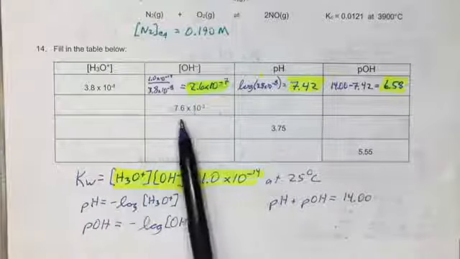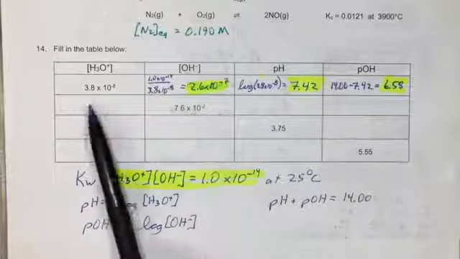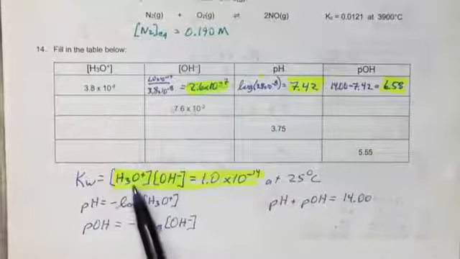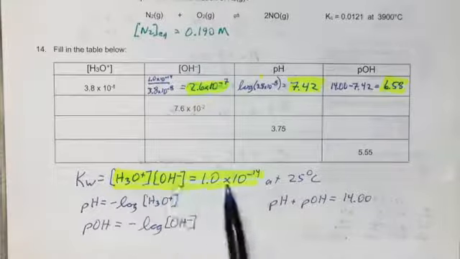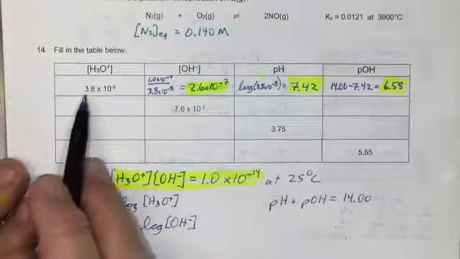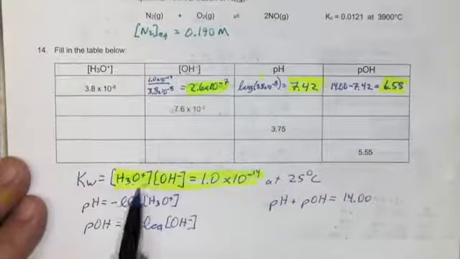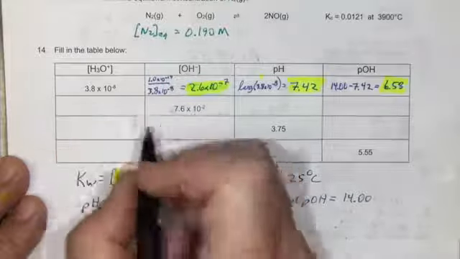Okay, in the next row, if the concentration of hydroxide is 7.6 times 10 to the negative 2, what is the concentration of hydronium? Well, just remember that the concentration of hydronium times the concentration of hydroxide is always equal to 10 to the negative 14. So I know hydroxide, and I'm going to divide both sides by the hydroxide ion concentration.